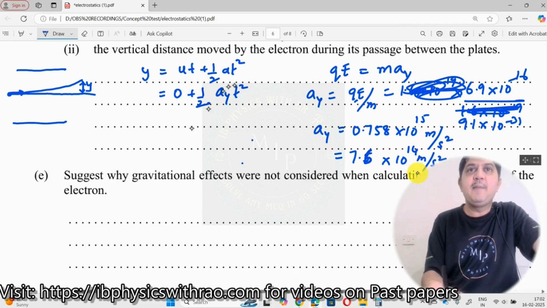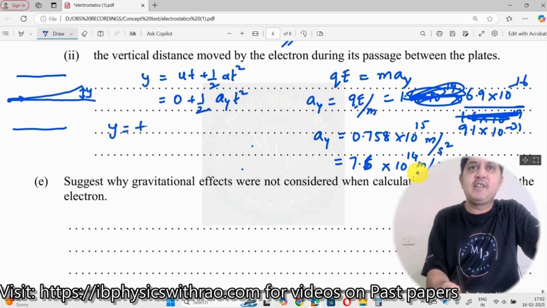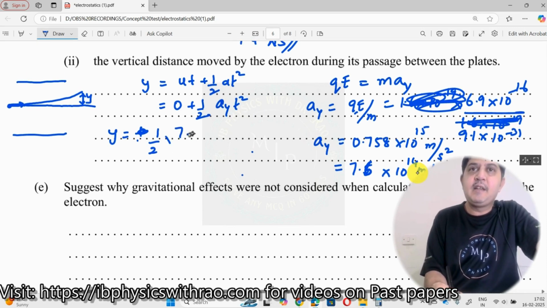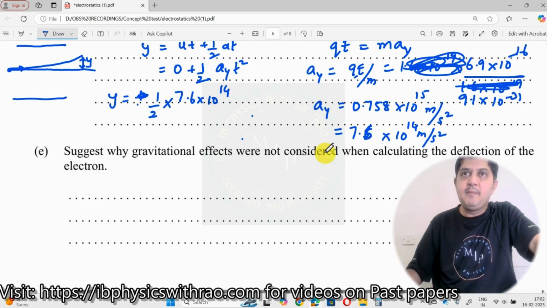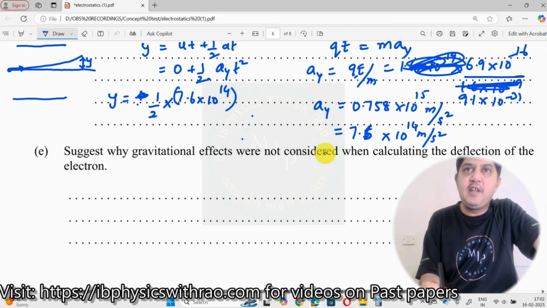Now let me substitute it over here. I get 0 plus half into 7.6 into 10 to the power of 14 multiplied by t square. What's the value of t?